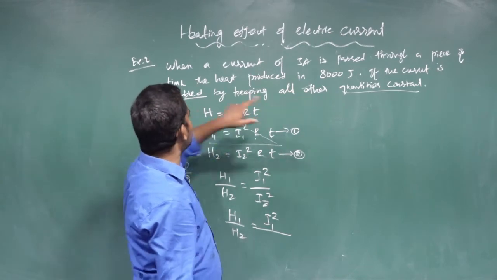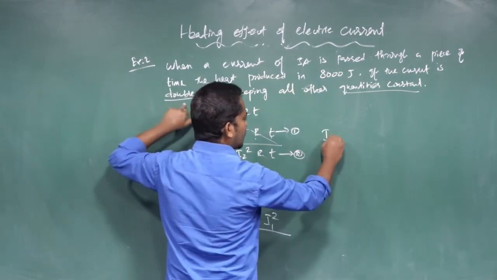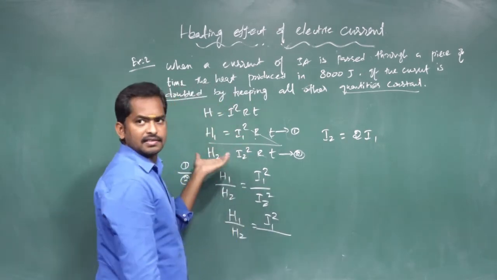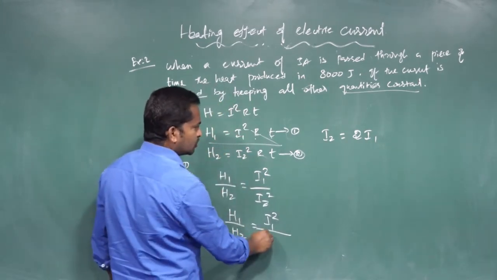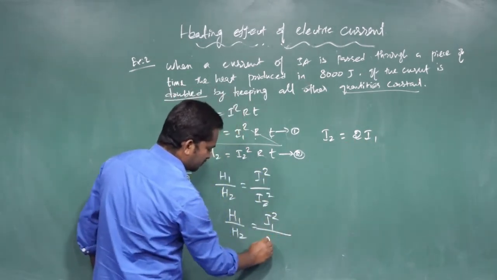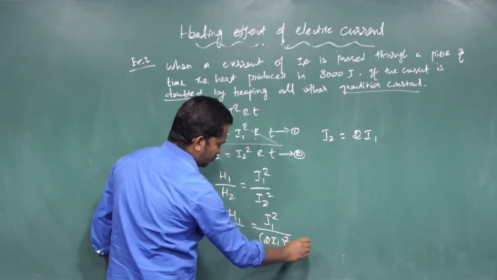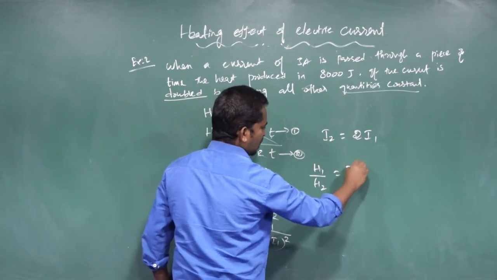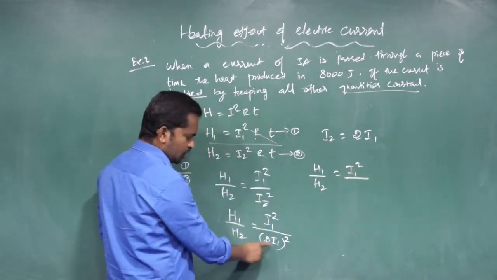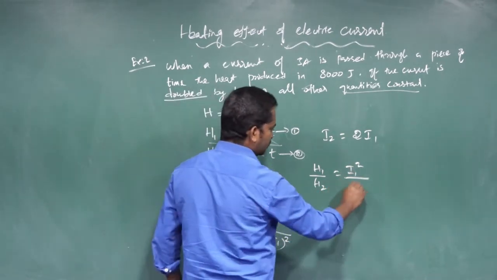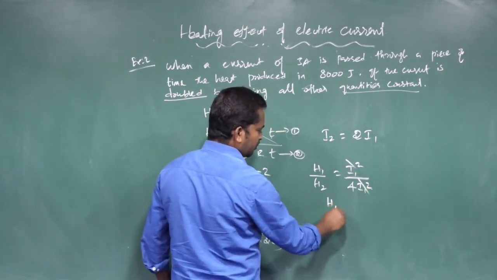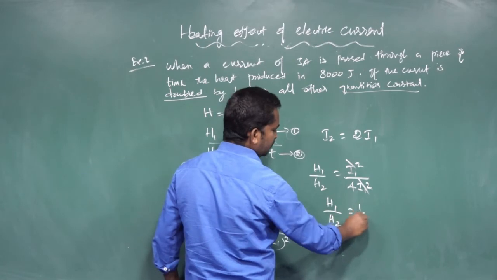If the current is doubled, we mean the second current I2 is equal to 2 times I1. So H1 divided by H2 is equal to I1 square divided by 2 I1 whole square, which is 4 I1 square. I1 square cancels, so H1 divided by H2 is equal to 1 divided by 4.